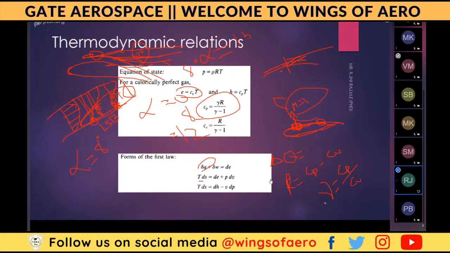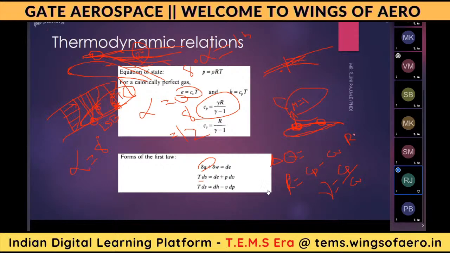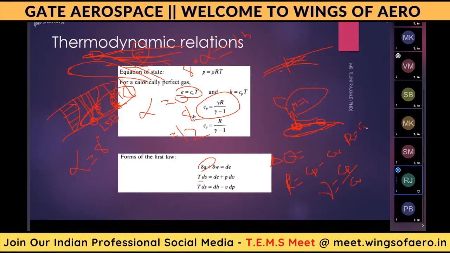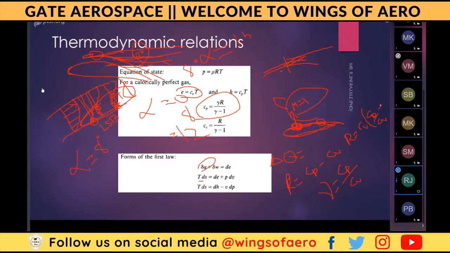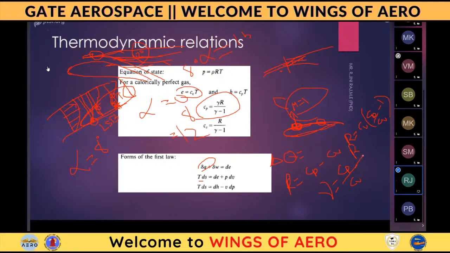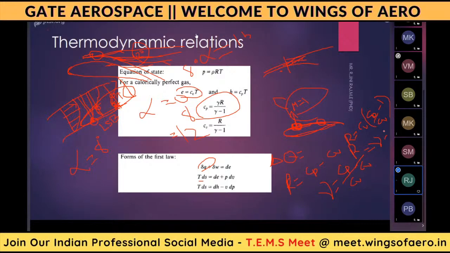Taking cv outside, R equal to cv into (cp by cv minus 1). So R by cv equal to gamma minus 1, because cp by cv equal to gamma.